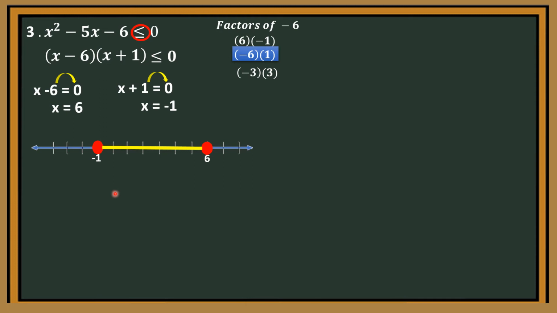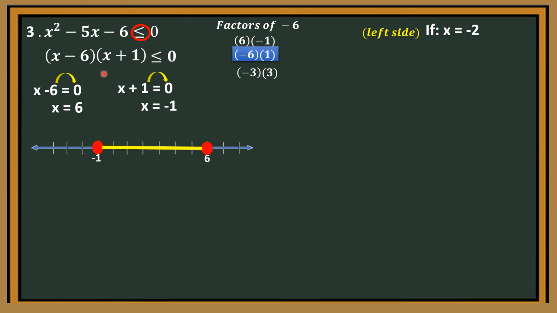So, pag i-check natin, kukuha tayo ng isang number sa left side ni negative 1, isang number sa center, at isang number sa right side ni 6. So, unahin natin ang left side. So, kahit anong number, pwede. I'm going to choose negative 2.